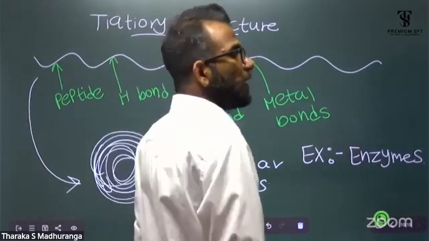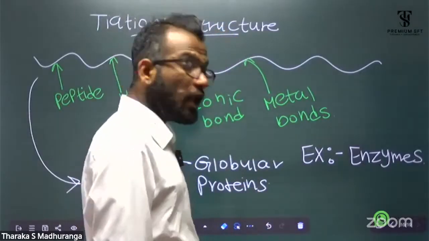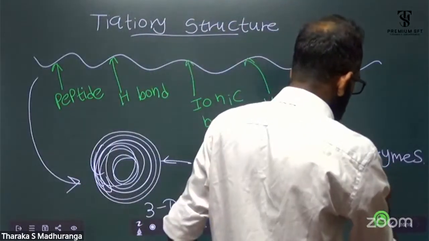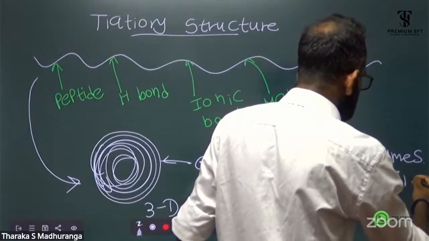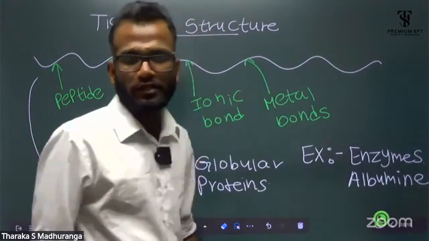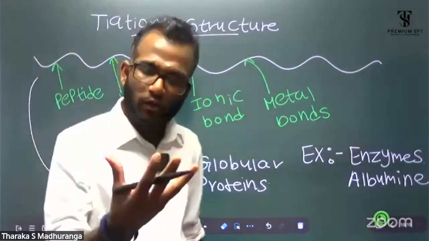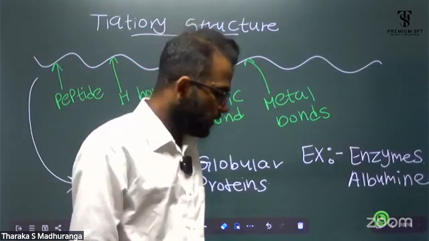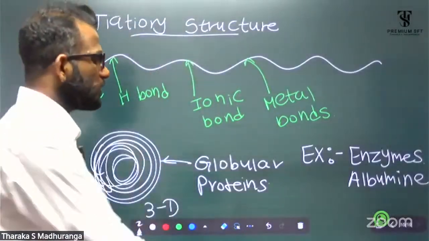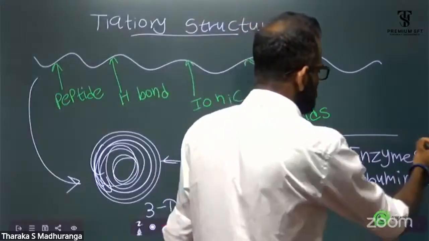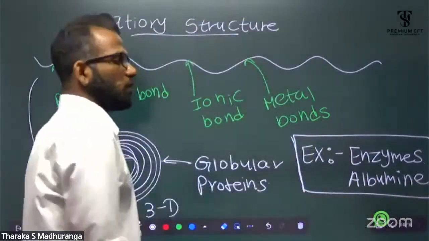Enzymes and albumin, the egg protein, are also tertiary structure proteins because they are like a globule. Enzymes and albumin are the examples for tertiary structure. Write down.